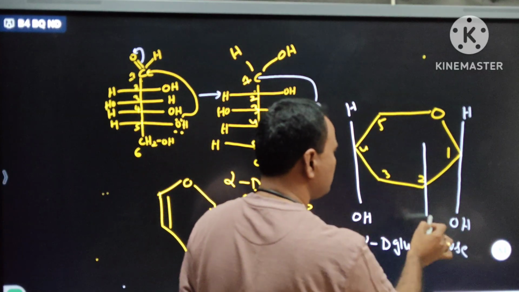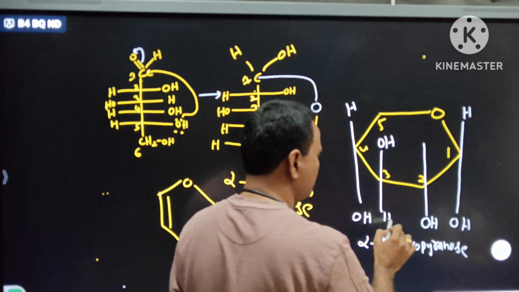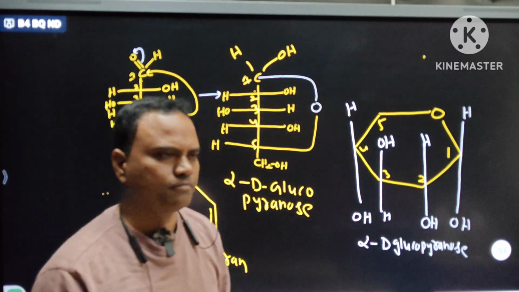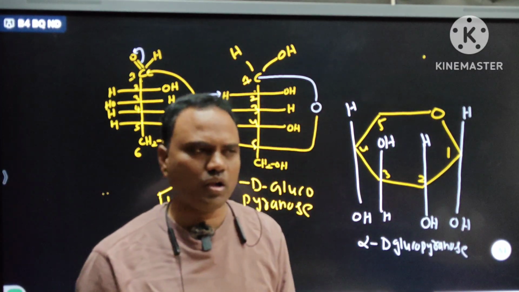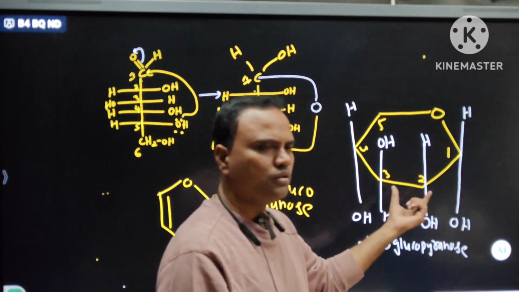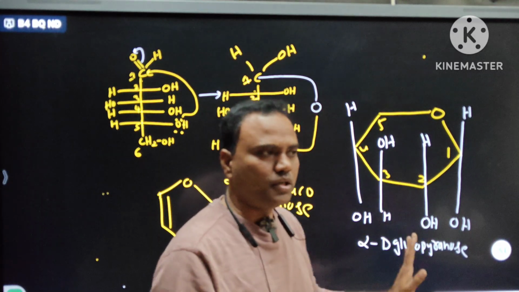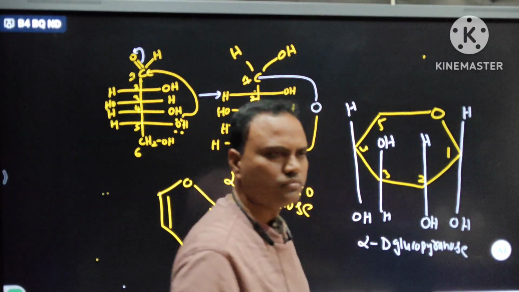In the middle, keep the two OH groups in opposite directions. At the two ends, the two OH groups are down for alpha D glucose. In the middle, the two OH groups are opposite, but be careful. The first and second OH should be down.